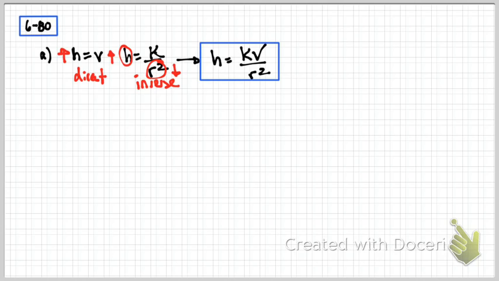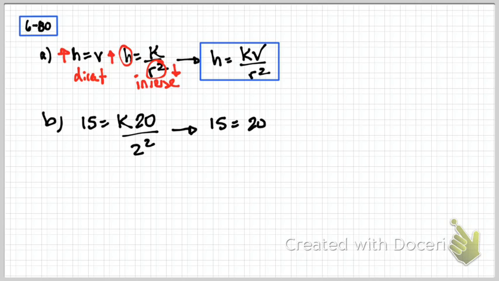And then it asks, when the volume is 20 and the radius is 2, and the height is 15. Okay, so let's back up. So 15 is equal to K times our volume, which is 20, all over our radius squared, which is 2 squared. This will be 15 equals 20K over 4.